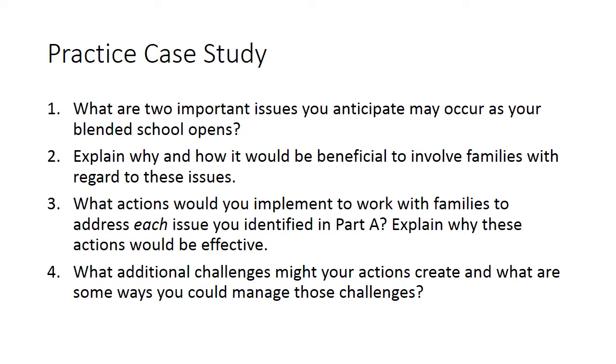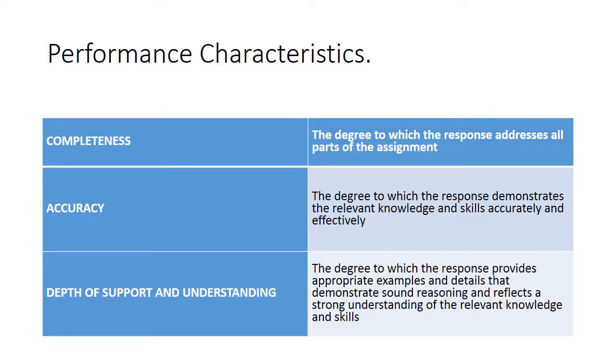We have to talk about specific actions that we'll take and why the actions would be effective. And we have to talk about what additional challenges. So we have to think proactively about our solutions and then think about what those challenges might be if we take this course of action, and how we're going to handle those challenges.